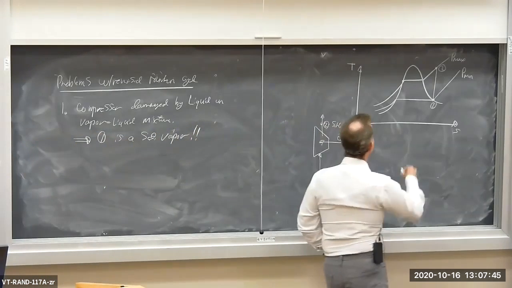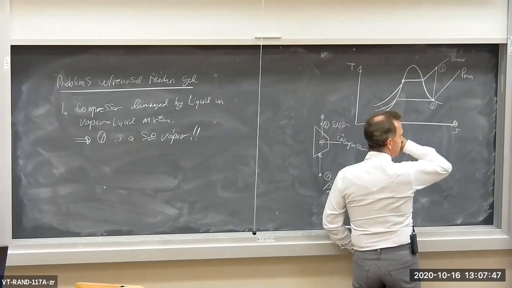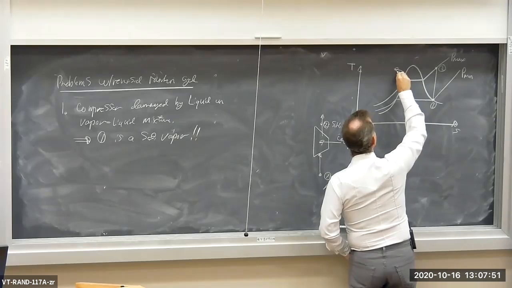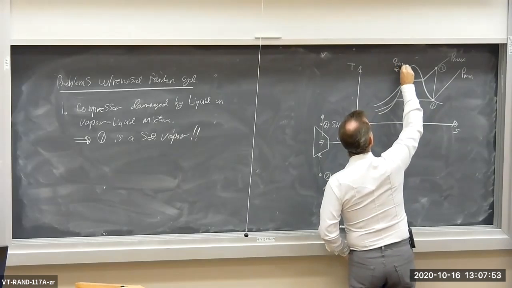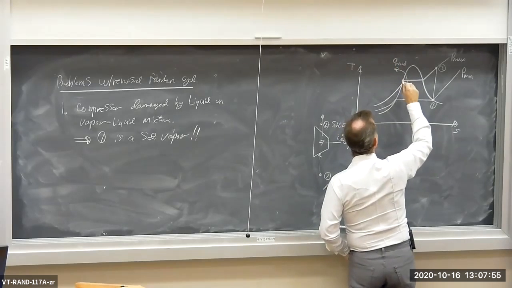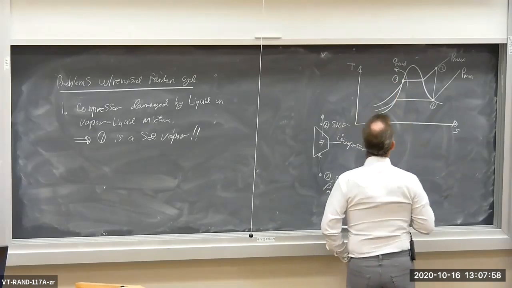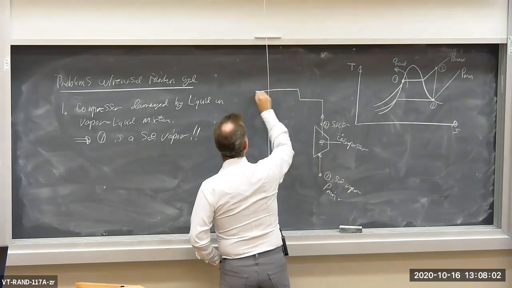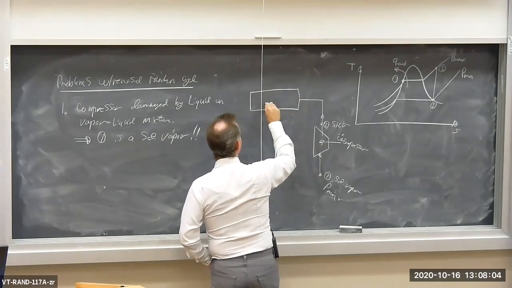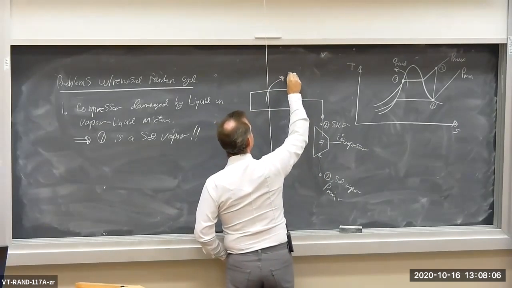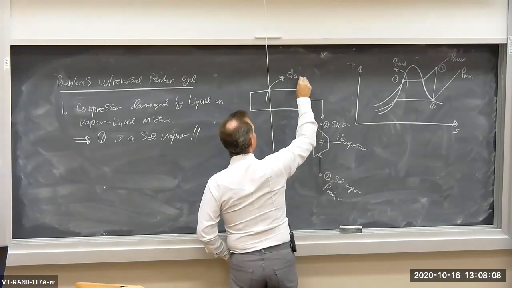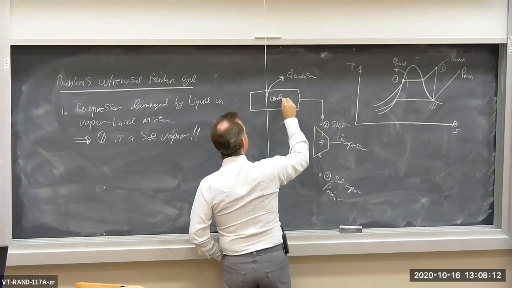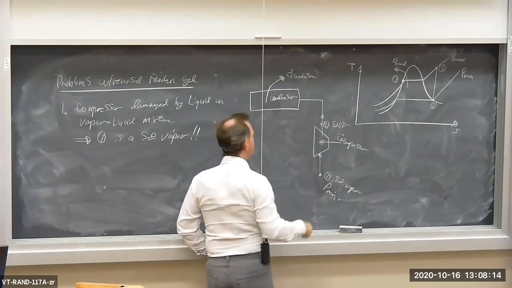So let's reject heat in a condenser. So Q condenser. So let's reject heat and call this state 3. State 3 is a saturated liquid. So we're going to reject heat Q dot condenser. So this is a condenser. Okay.